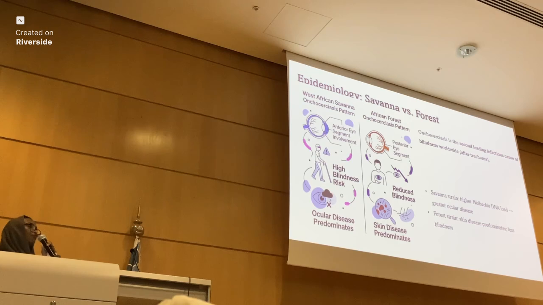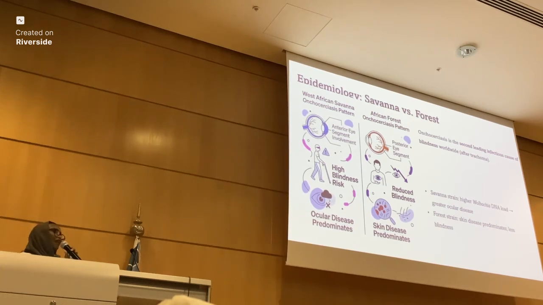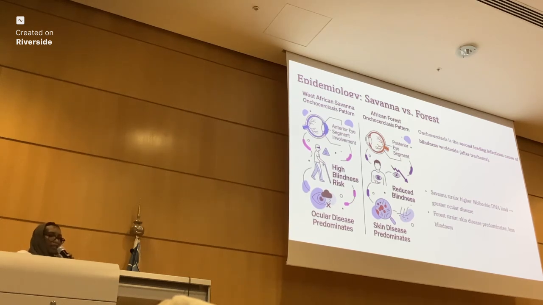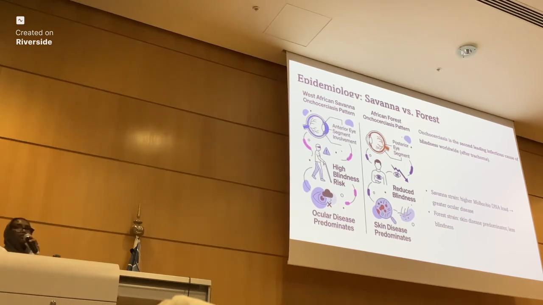The prevalence of this disease is mainly because of the environment, poor environments and poor control of the etiological agents. You have two presentations: the West African savanna onchocerciasis pattern, or the African forest onchocerciasis pattern.